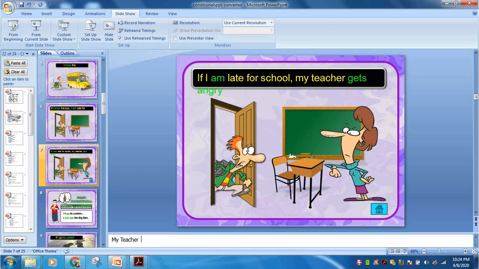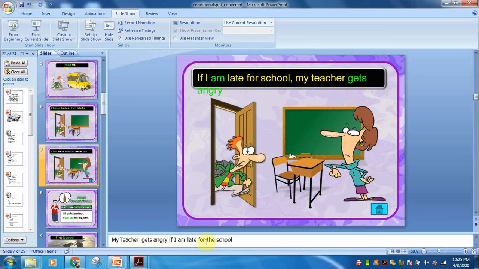My teacher gets angry, if I am late for the school. Now if you look at this one, I have brought the main clause in the beginning and the dependent clause in the last.